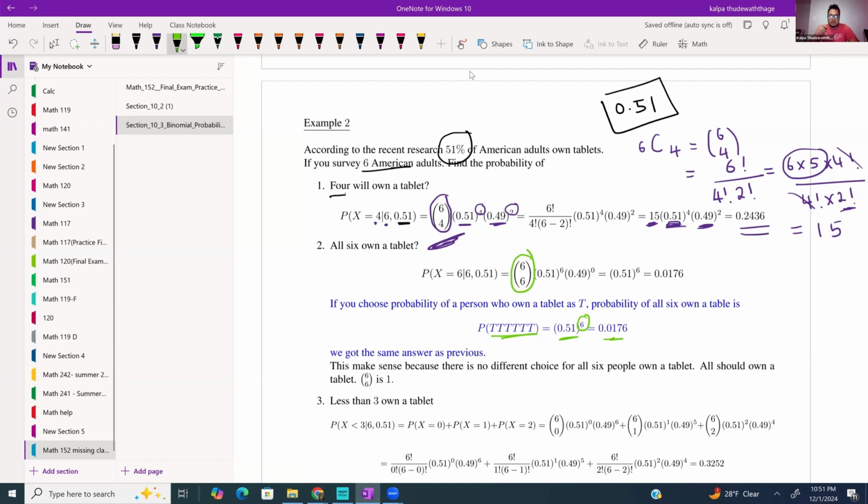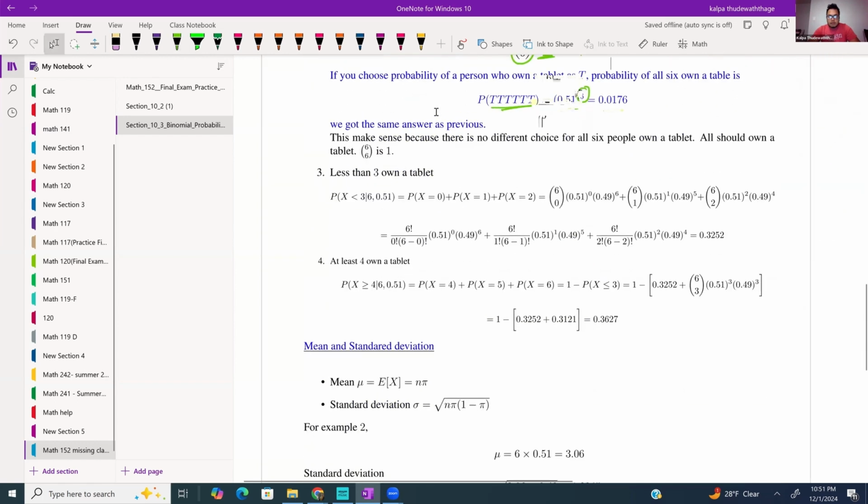So 6 choose 6 is just 1. And what does this 0 mean? There are no people without a tablet, because I'm looking for all the people with a tablet. So that becomes 1 again. So this is the only remainder.